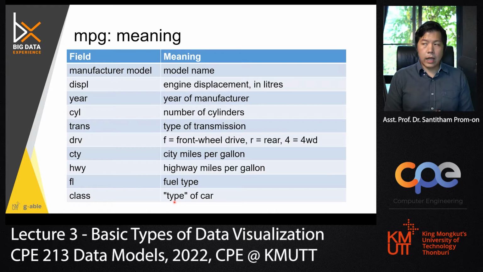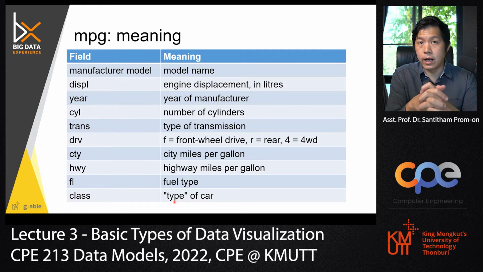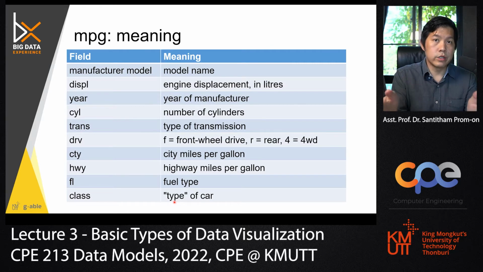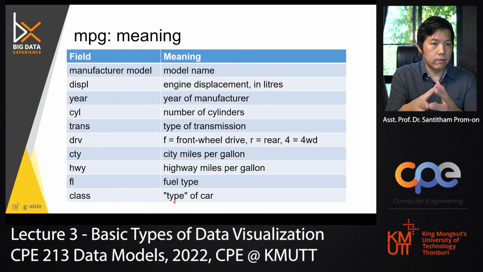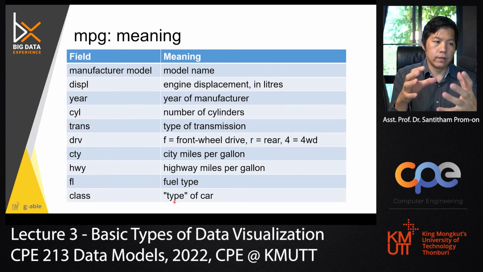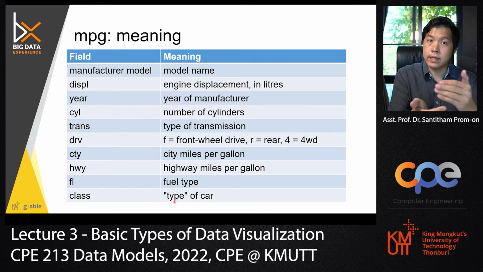Okay, how do you know? There is actually a nice function in R that allows you to see the distribution of the data, whether you have numerical data or data as category.